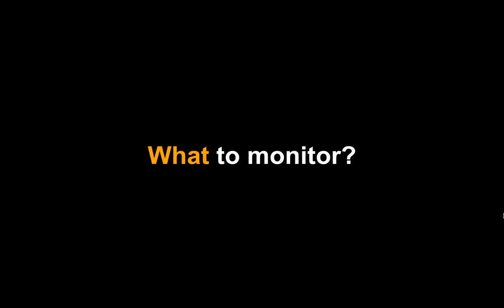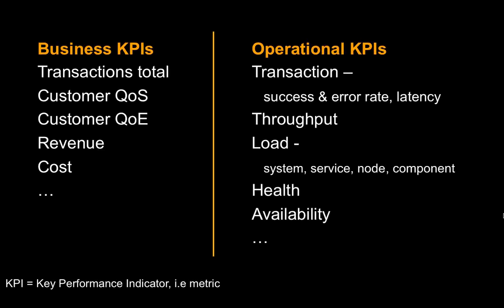Next, let's take a look at what exactly you should be monitoring. Well, if you look at the business ones on the left, they are KPIs. A KPI is a key performance indicator, in other words, a metric. So they're business KPIs, such as your business transactions. How many transactions did you serve to your customers based on your customer requests? Then, what is the quality of service of your customers?